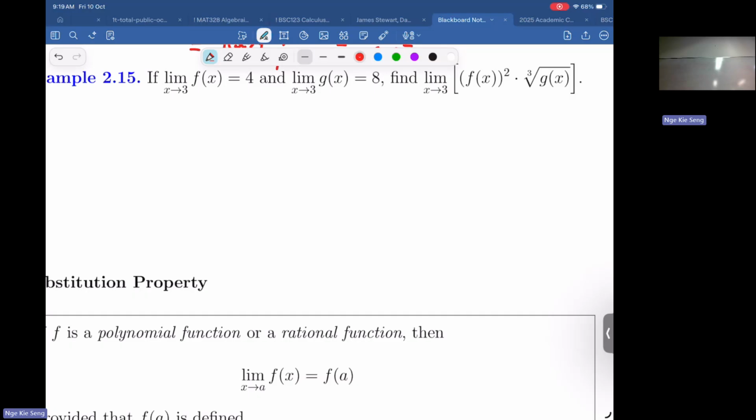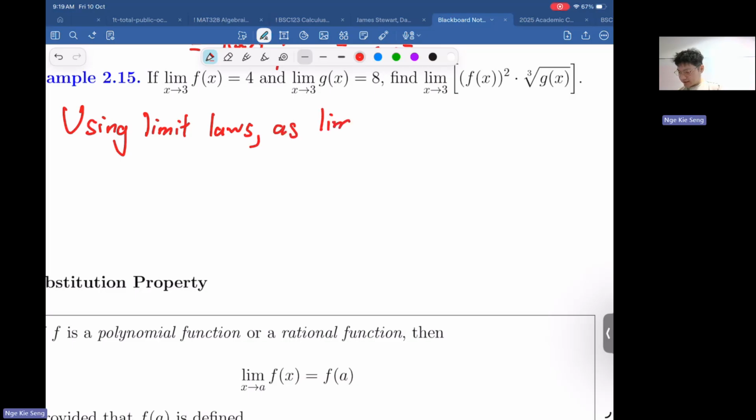What's the big name for all these 9 laws there? Good, limit laws. That's really the only thing you learn here, so you must remember all these limit laws. So using these limit laws, and we know the existence of the limits of f and g.